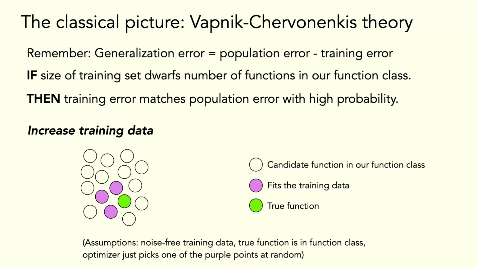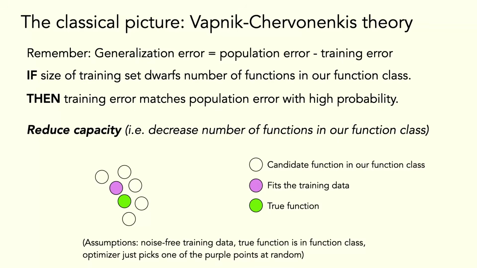So as I increase data, I strictly will decrease, or at least not increase, the number of these purple points. Right now I have a 1 out of 6 chance of, if I randomly sample one of the purple or green points, getting the true function. But if I add more data, now it's 1 out of 4 times. Okay, so adding data will increase my chance of getting the true function under this procedure.